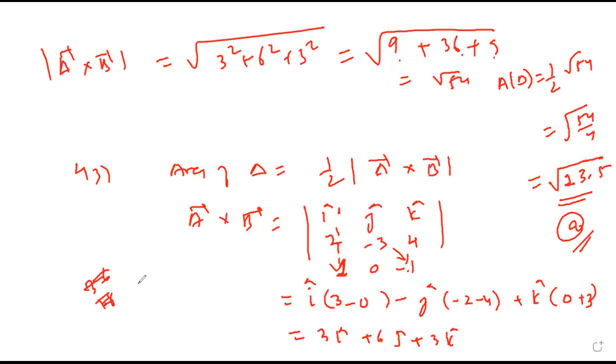A projectile is projected with initial velocity 6 i cap plus 8 j cap. g is given as 10.